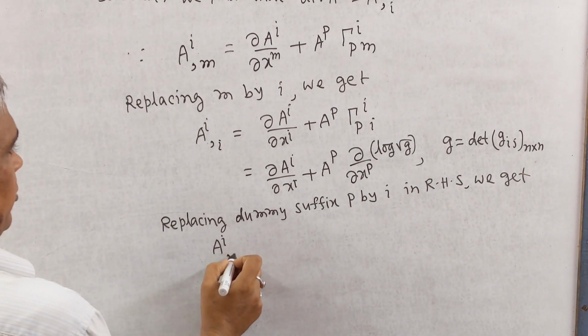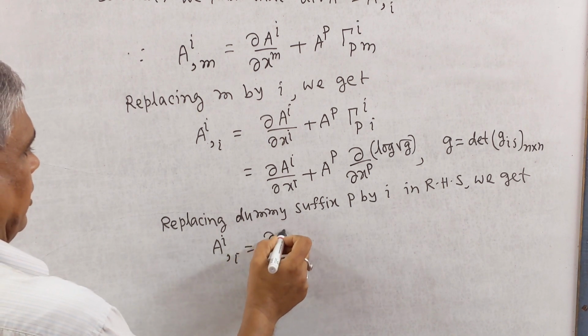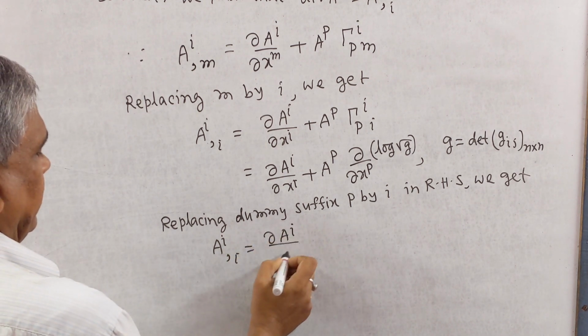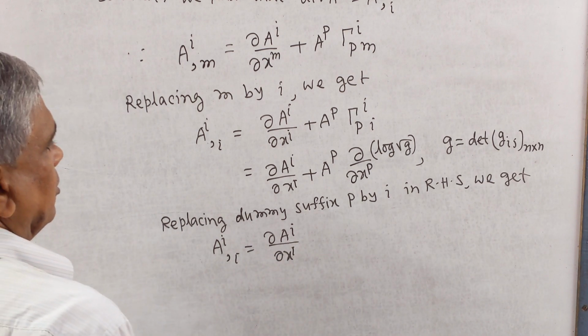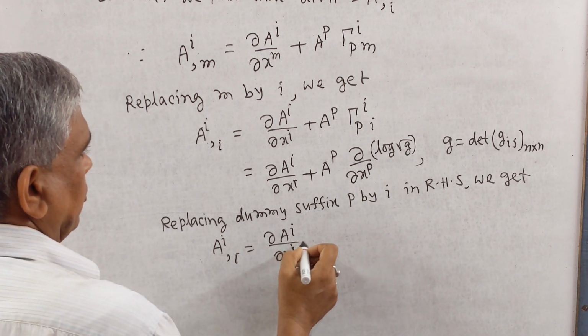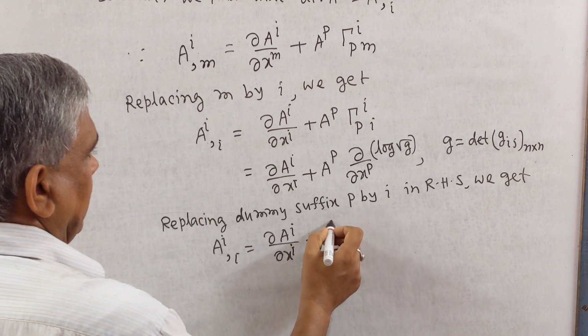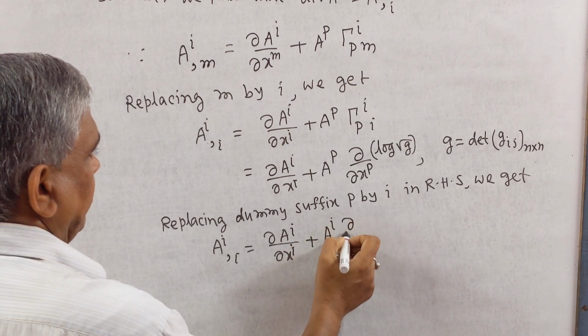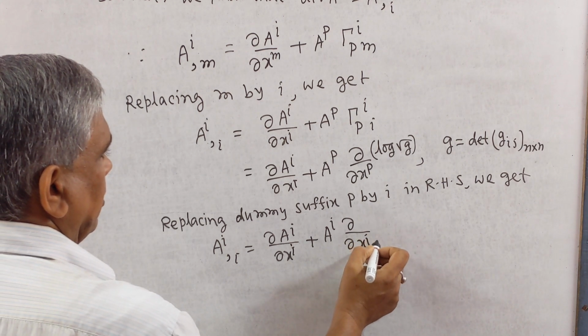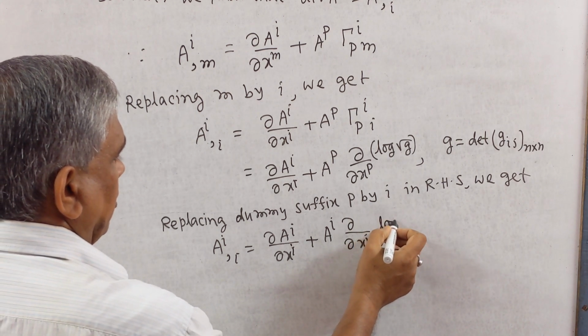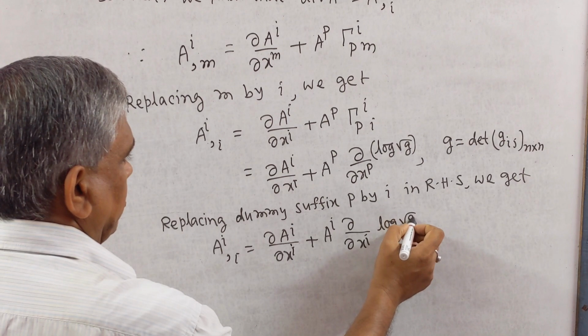A^i comma i equals del A^i by del x^i plus A^i del by del x^i of log square root g.